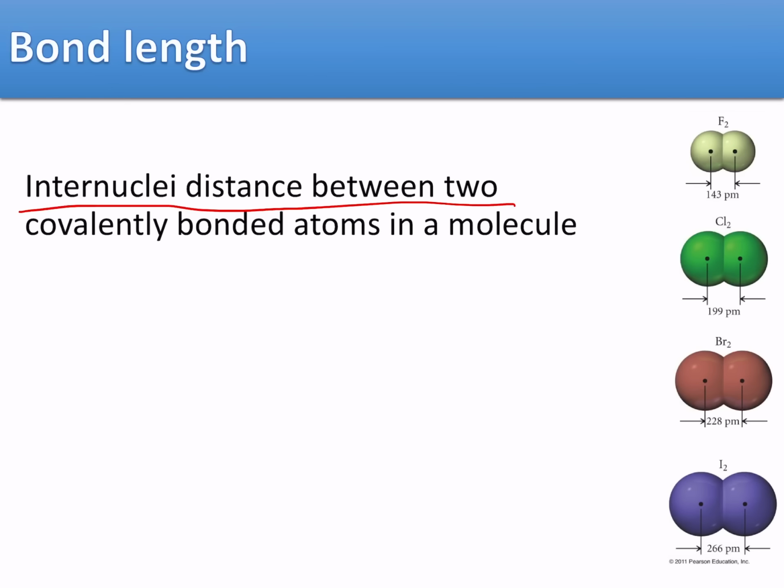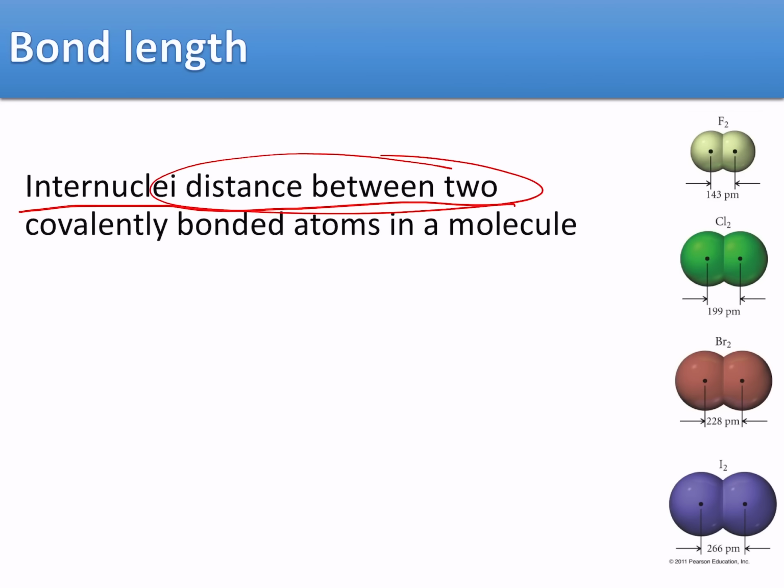When we were discussing the atomic radii, we were assuming that the two atoms were of the same element. When you're referring to a bond, it's open to every element in the periodic table, any combination that you may have. You want to know the distance between the two nuclei, whatever they are, for the bond length.